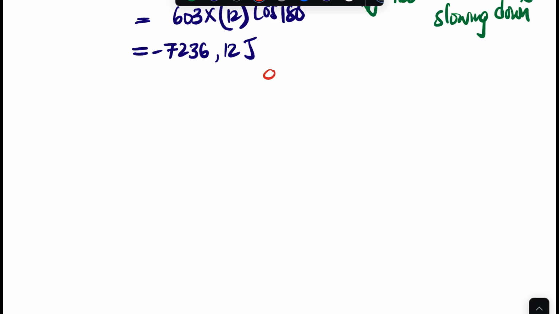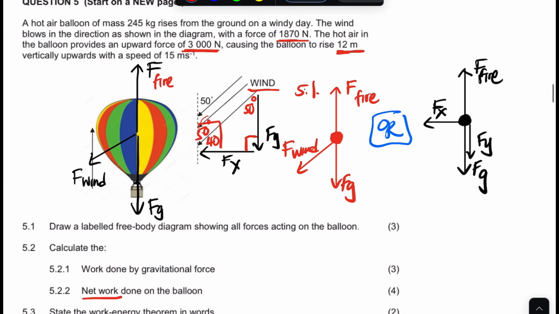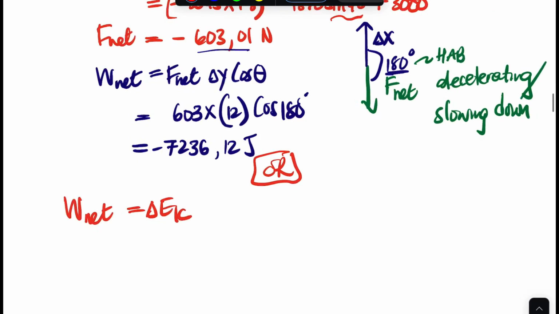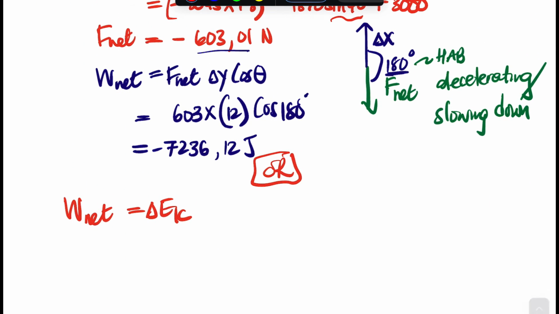Let me show you another way that you can do this using the work net. So you can say there, work net is equal to change in EK, right? And then the work net there, it's the sum of the work done of all the forces there. So which is going to be the force of wind, Fy, Fg, and the force of fire, right?